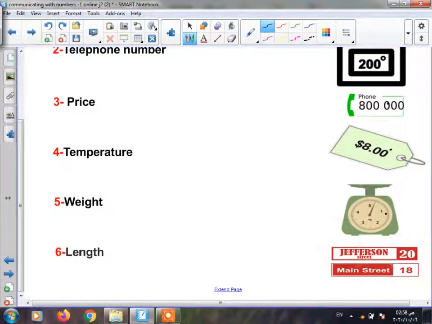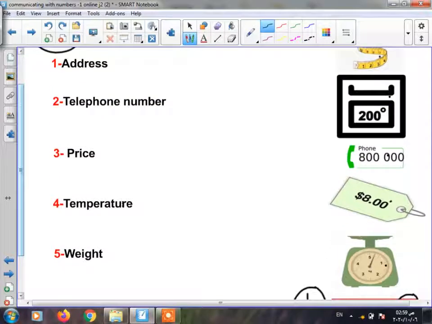So I will write number one beside 20 Jefferson Street or 18 Main Street. So those numbers give me information about address. Excellent. Let's see number two. Telephone number.